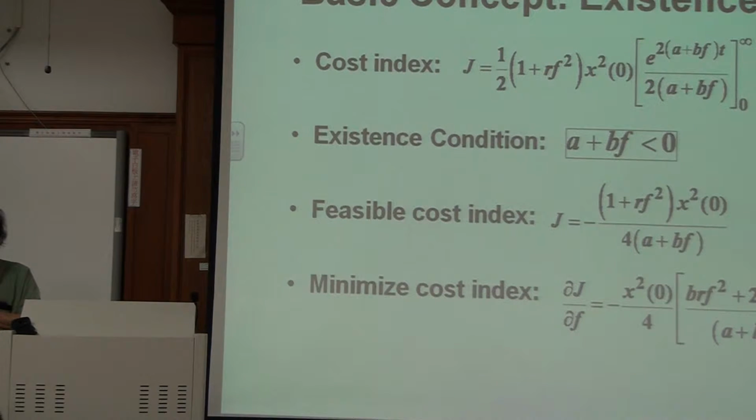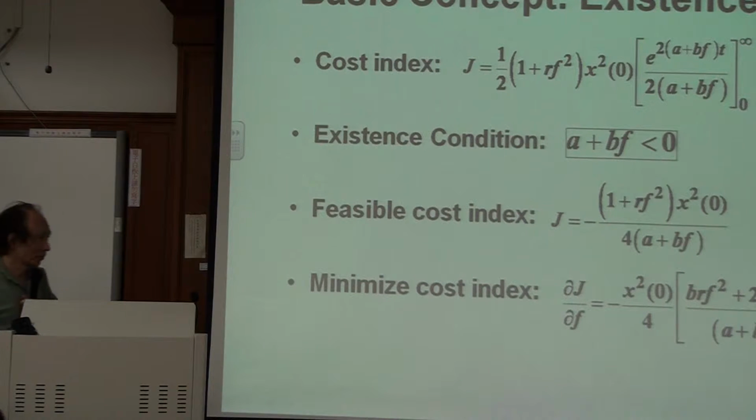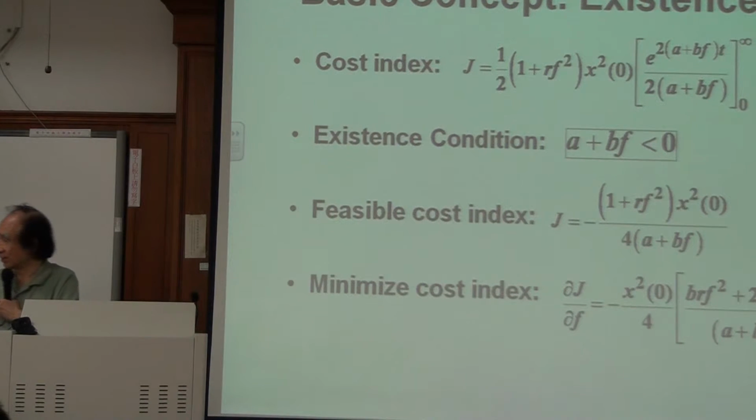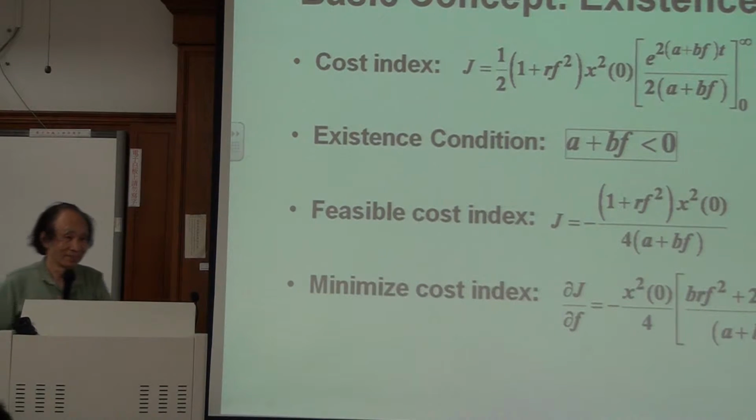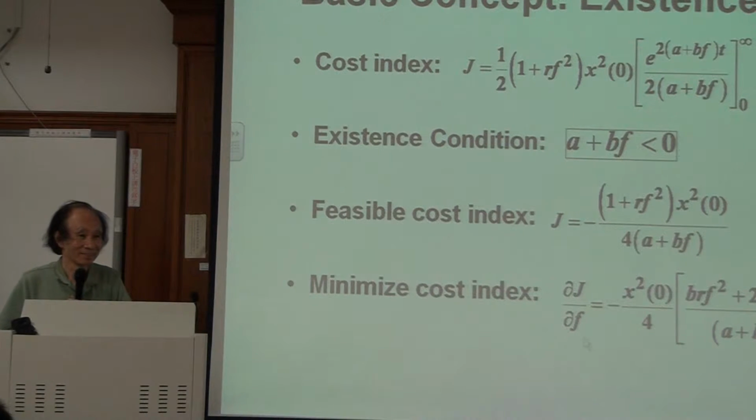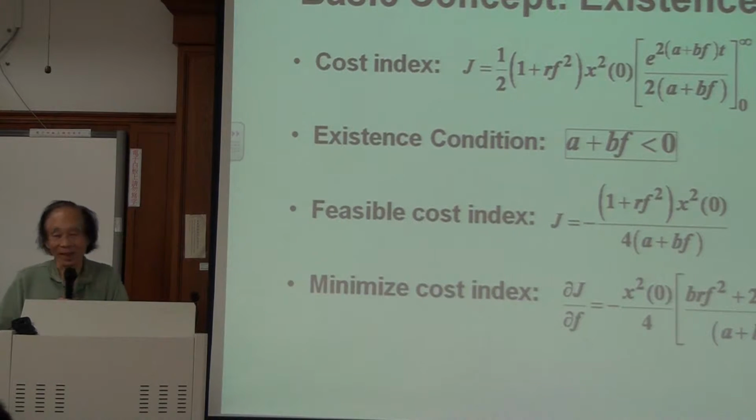Now, this is the beauty of optimal control. If optimal control gives you multiple solutions, that won't be optimum anymore. So it has to be unique.